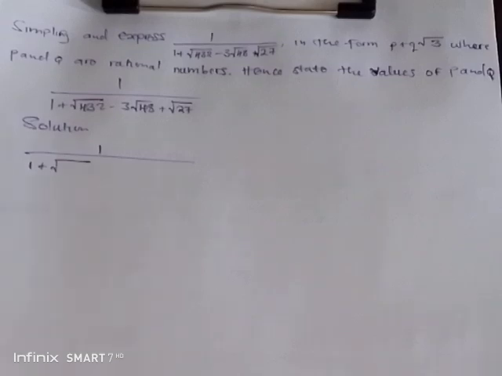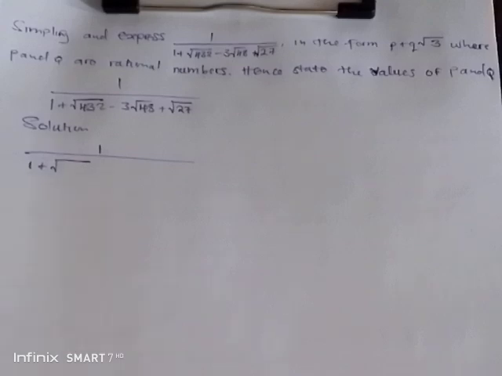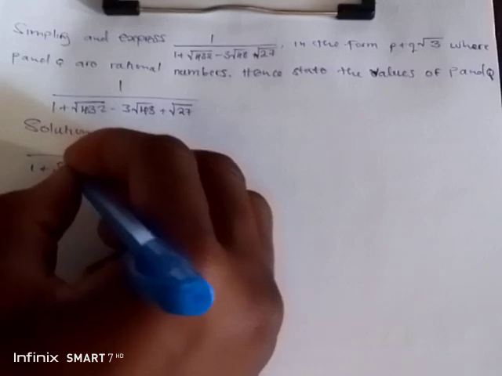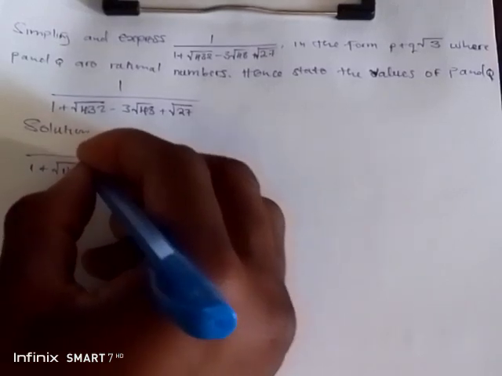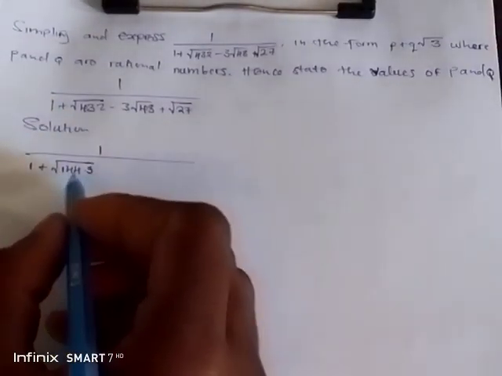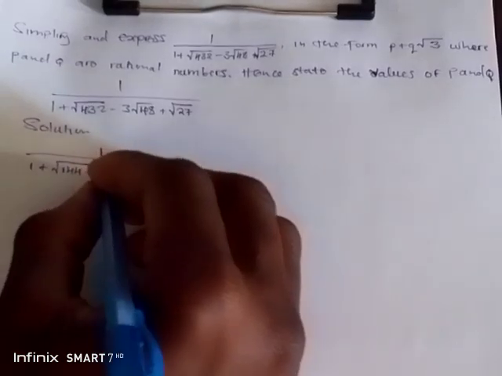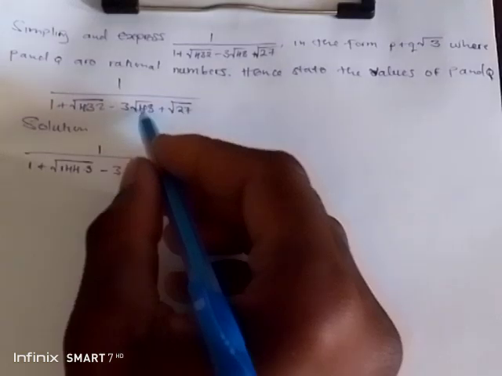In short, 432 divided by 144, we are going to get a 3. So we have 144 multiplied by 3. So 144 multiplied by 3 is 432. Okay, so we proceed. Minus 3, we have a 3 there. Then we have 48 here.